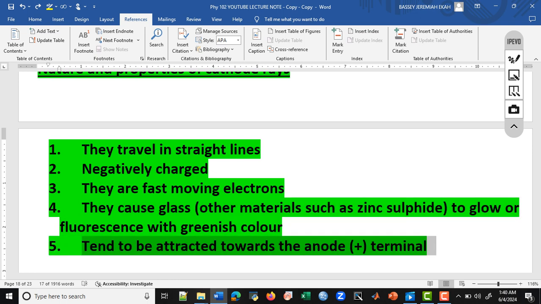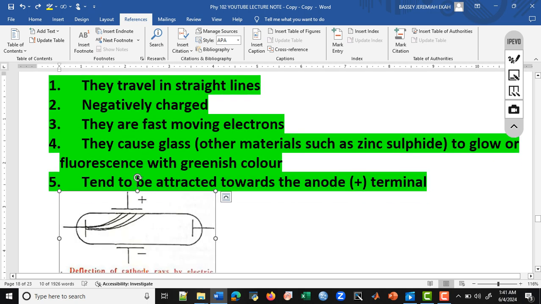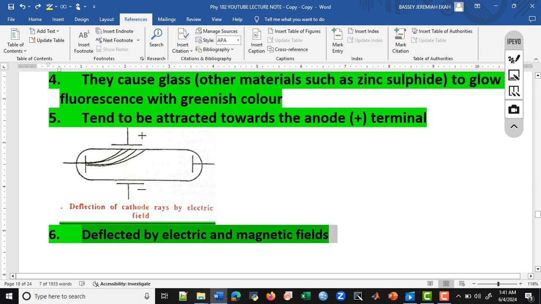They tend to be attracted towards the anode, which is the positive terminal. Still demonstrated on the diagram here. They are deflected by electric and magnetic fields.